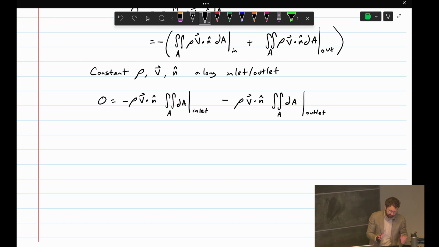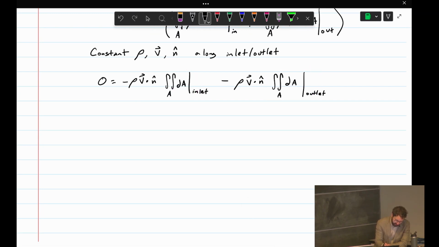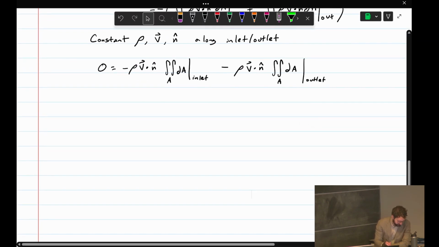So we've basically pulled everything that's going to be constant out of the integral. The area integral of the area is just the area, so we don't actually have to evaluate the area integral since we know this area. That's not a problem. For example, this is just going to be the area of the inlet, area of the outlet. But let's talk about this dot product now and what this evaluates to.